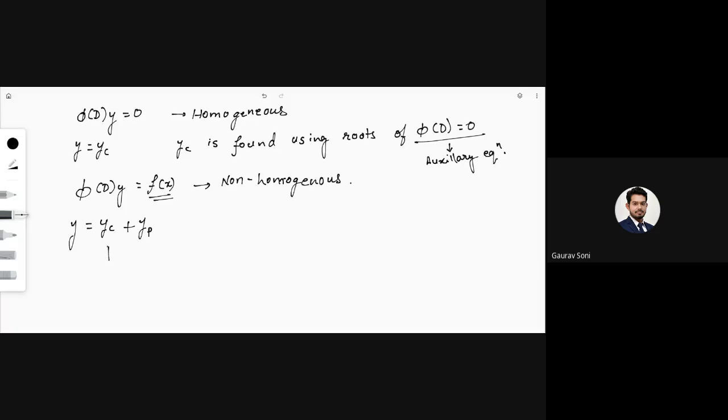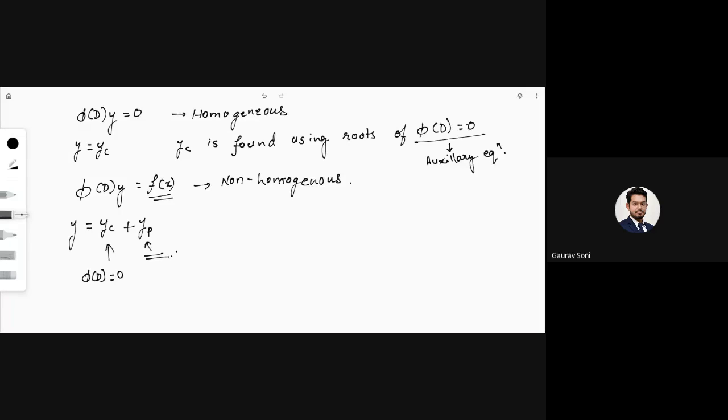So yc is again found using the same method that we have done earlier, using the auxiliary equation phi of D equal to 0, and yp is something new that we have to work with.